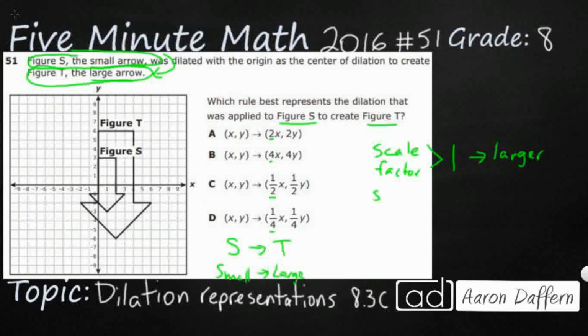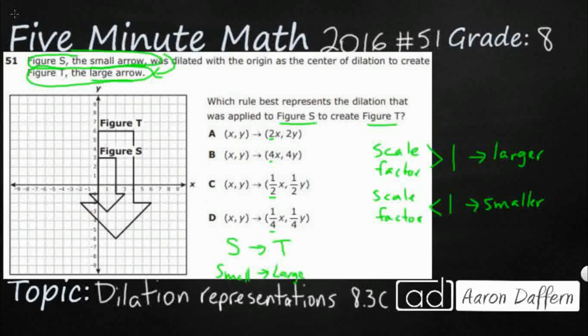When my scale factor is less than 1, and that's the key pivot point, then it is going to shrink. It's going to become smaller because you are multiplying by a fraction, by a half, by a fourth, by a third, by a tenth.